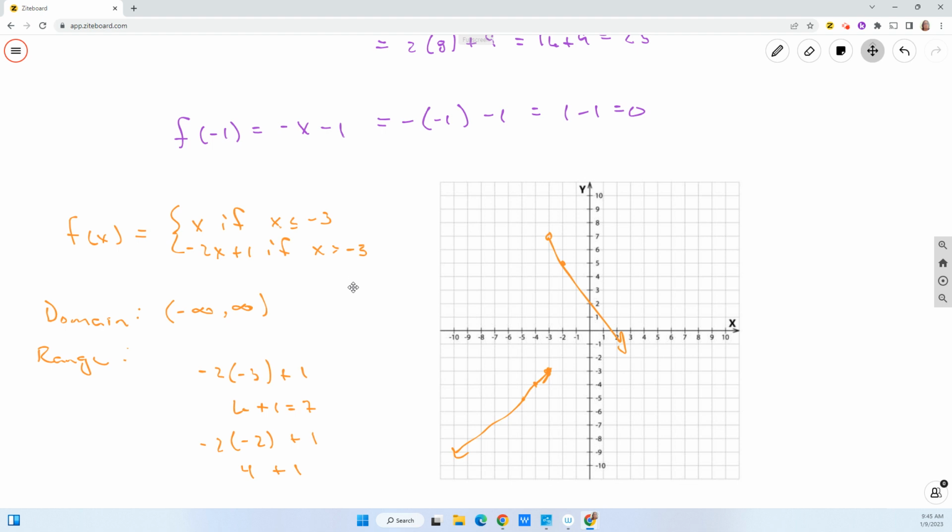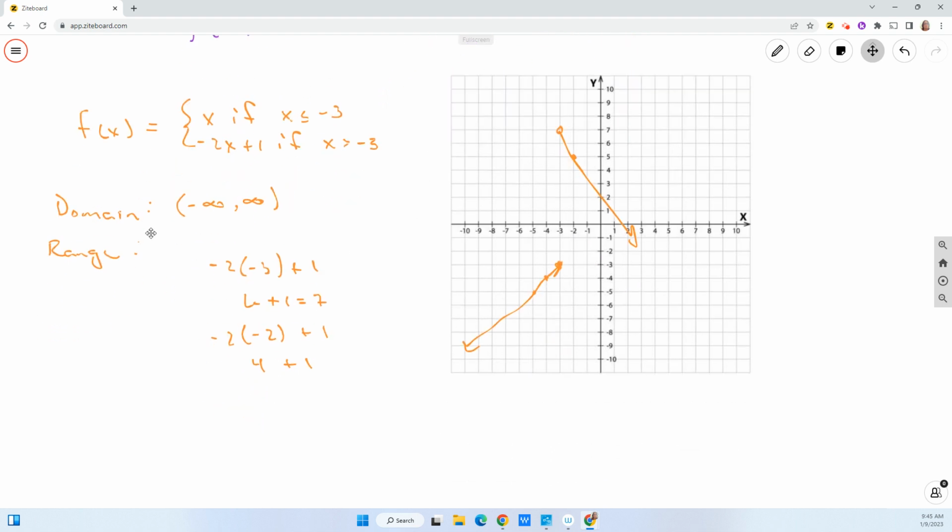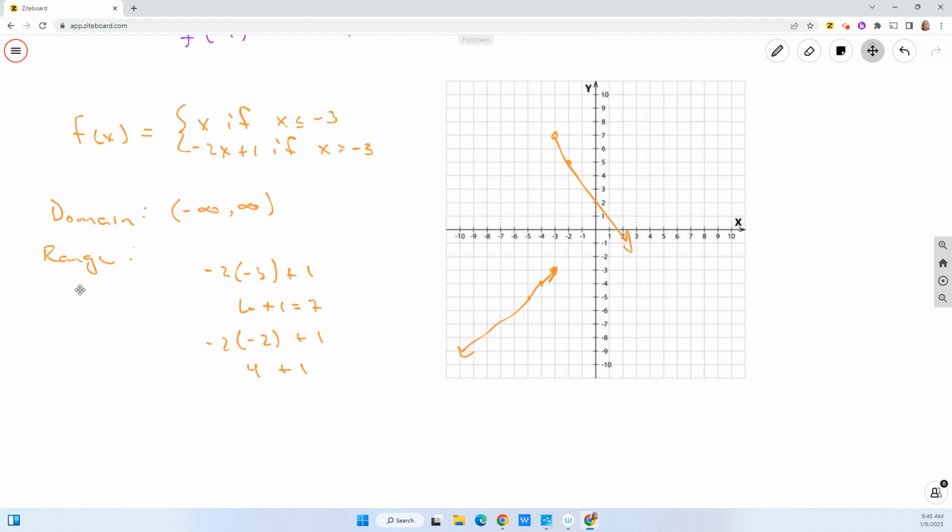And so in that case, our range would be, sorry, y is greater than, sorry, that's not greater than, it's less than.